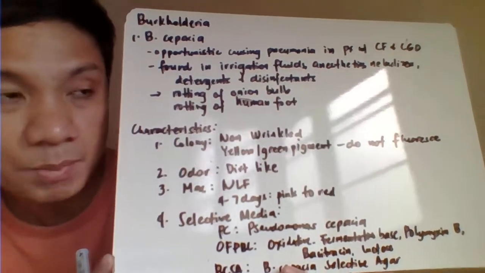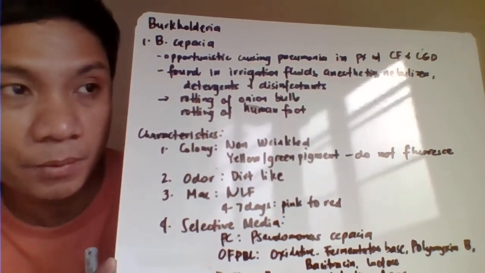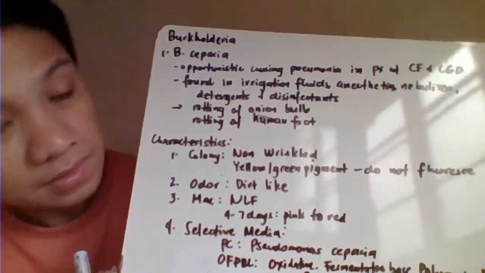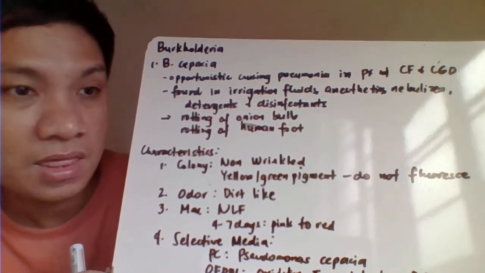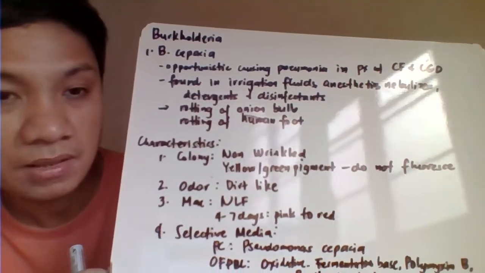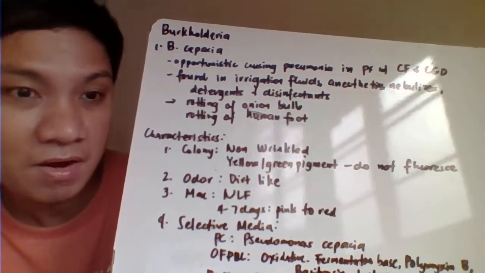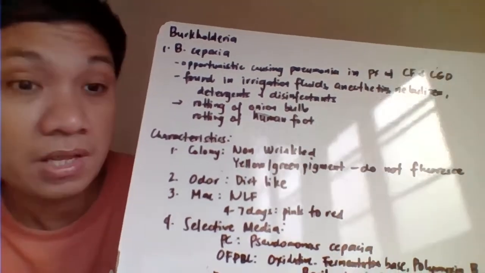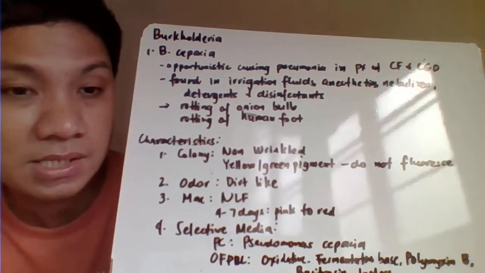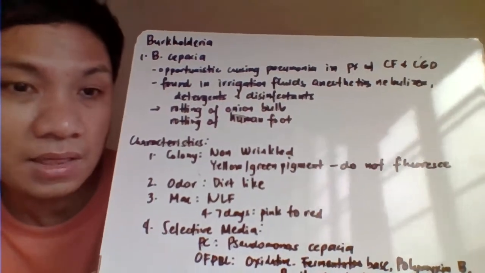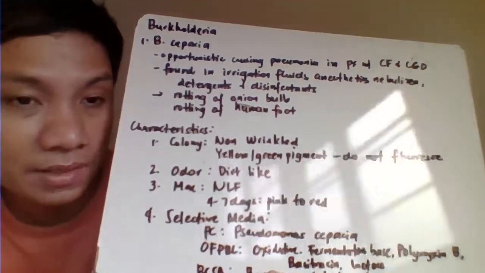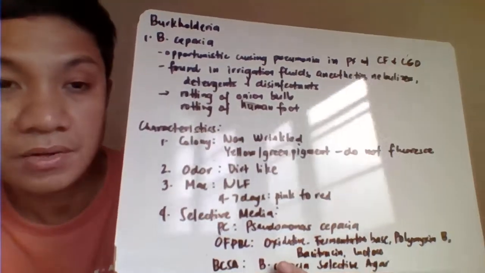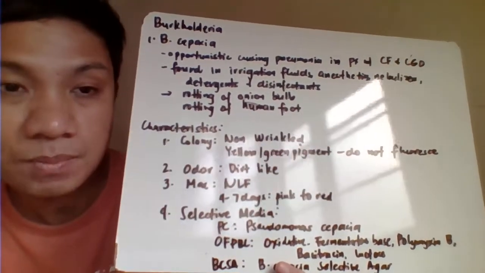Okay, the first species of Burkholderia is Burkholderia cepacia. This species could be found in different environmental distributions, in irrigation fluids or even in anesthetics, nebulizers, disinfectants, or even detergents. Burkholderia cepacia is also associated with those patients.